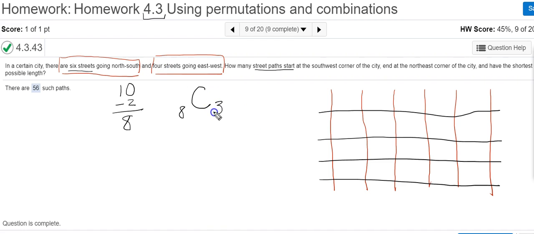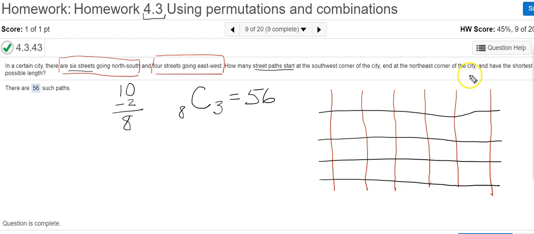That'll be 3. So, we're going to put that in our calculator and see what we get. And in this case, we got 56. Now, there are other scenarios to this.